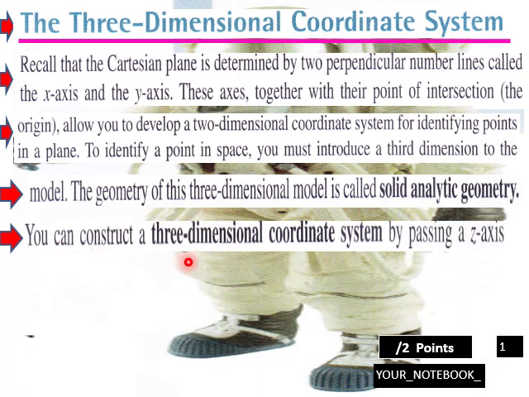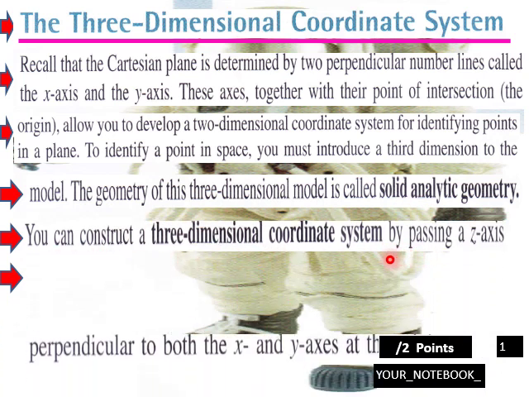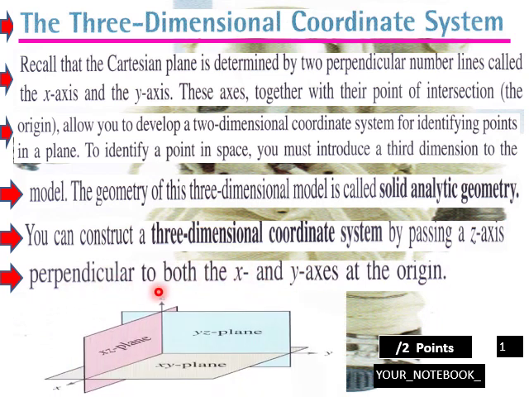You can construct a three-dimensional coordinate system by using a z-axis perpendicular to both the x and y-axes at the origin. So here is our z-axis here, x, and then y. Then you have your different planes down here.